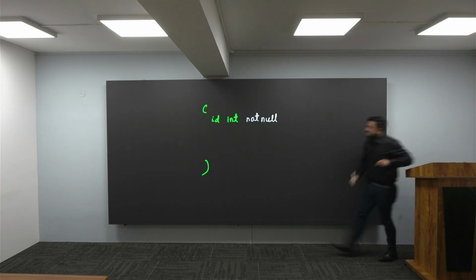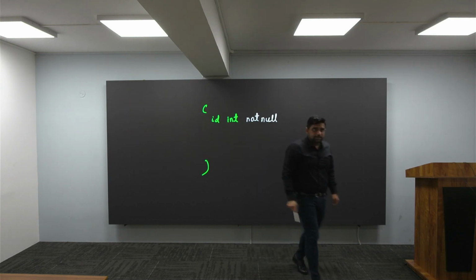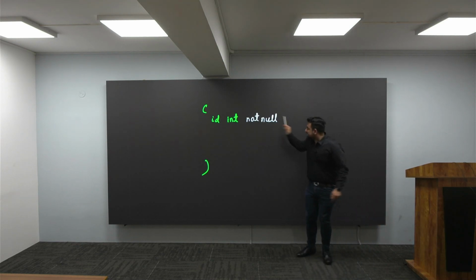Now here we have ID. Which data type can we use here? Int. Now for ID, I want to use not null. Can we give not null? Yes. Now for this same column, I want to use unique. Can we use it? Yes. For the same column, we can use multiple constraints.